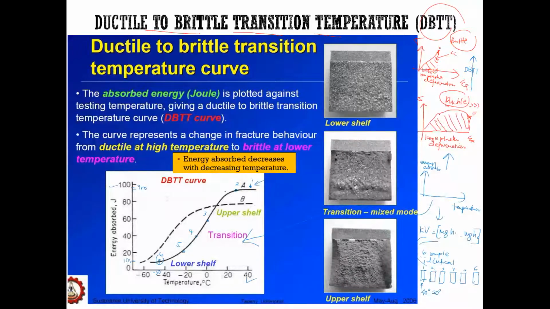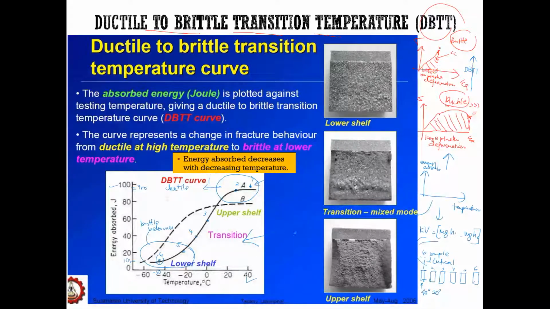Here we can see higher energy absorbed, and this refers to ductile material or ductile behavior. At this lower shelf, it refers to brittle behavior. Why?